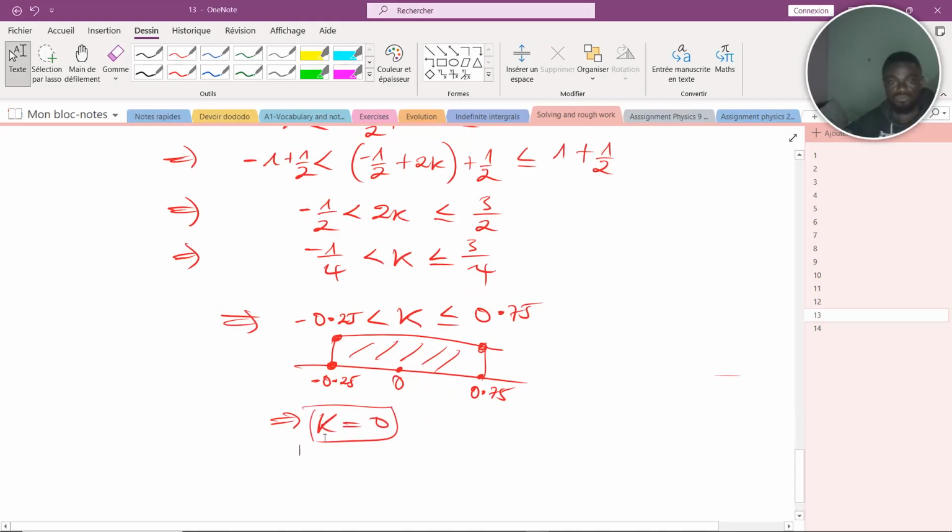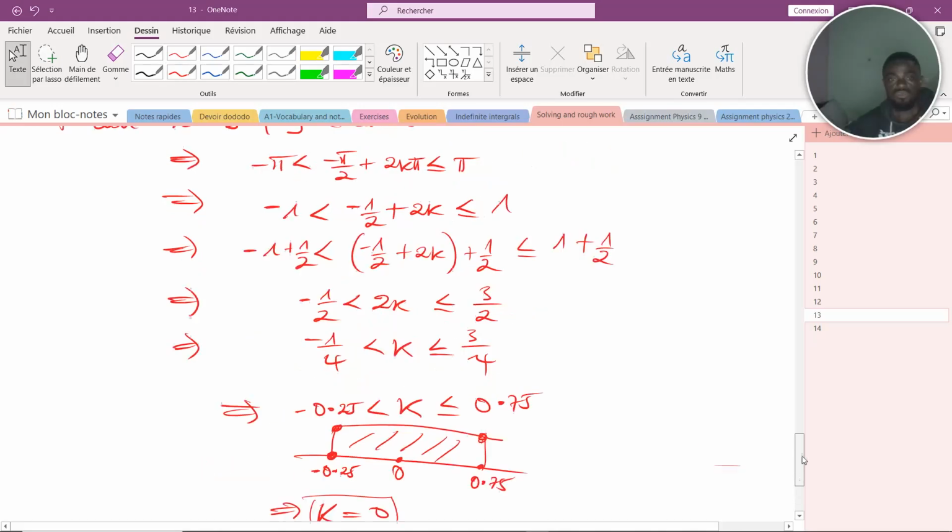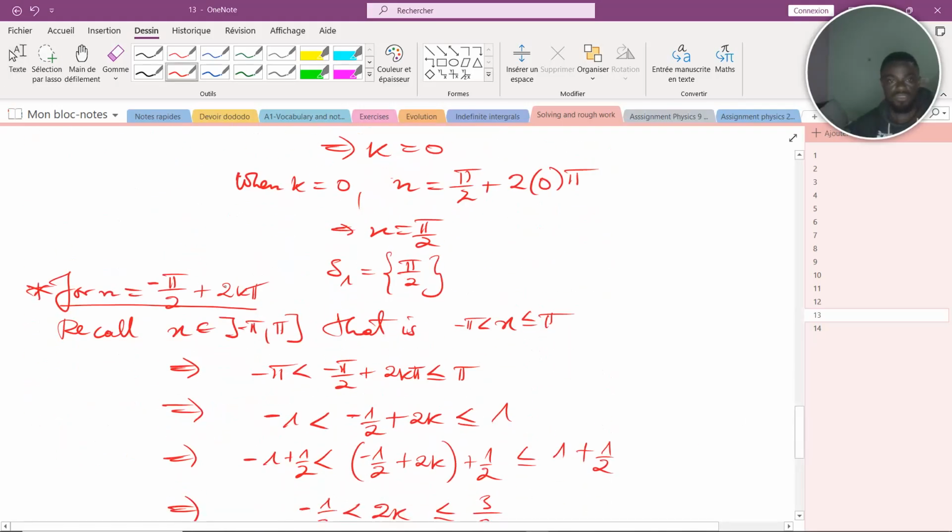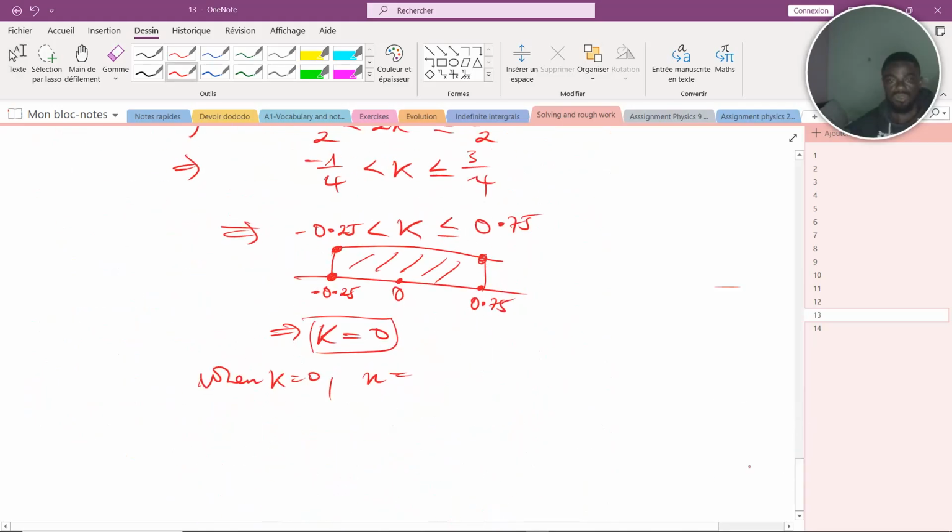So the only solution in this case for k is 0. So this implies our k must be equal to 0. When k equals 0, what is x? Let's substitute it inside here. So we are going to have minus pi on 2 plus 2 into 0 times pi.